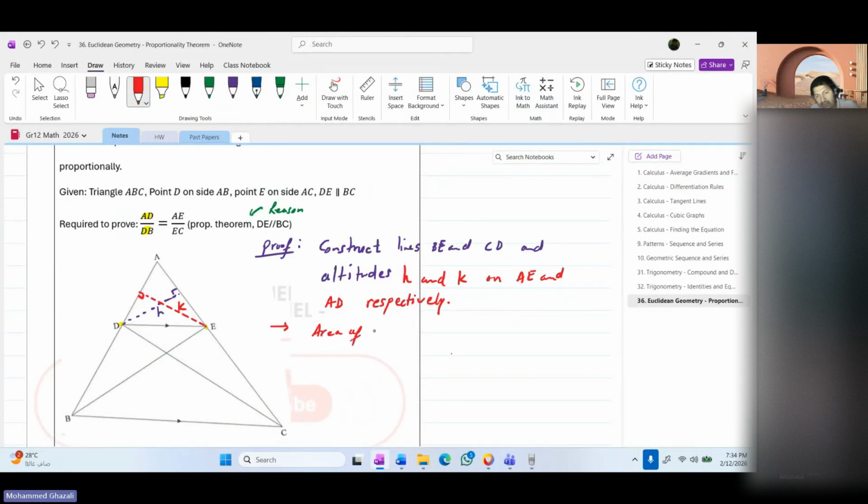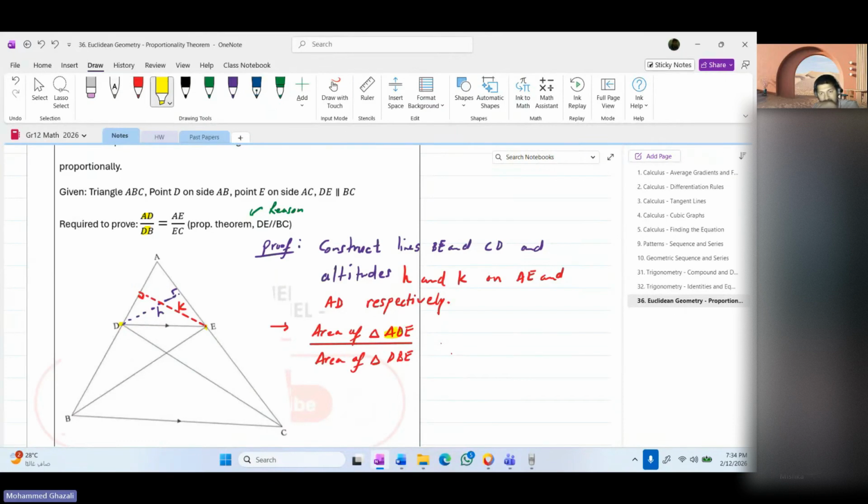So you're taking a ratio of areas. Area of triangle ADE, because you want AD, so make sure AD appears there, over area of triangle DBE.